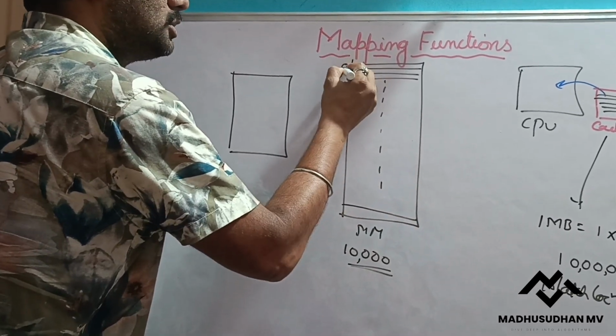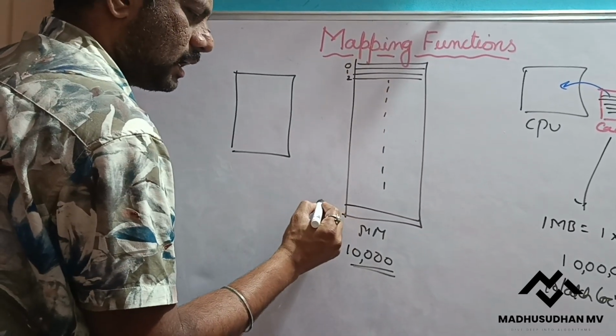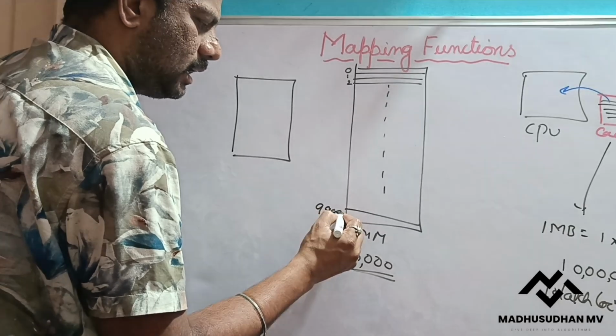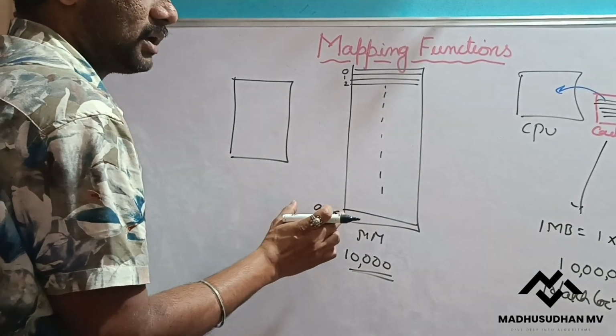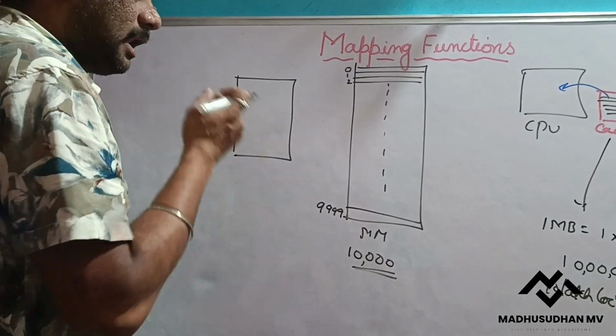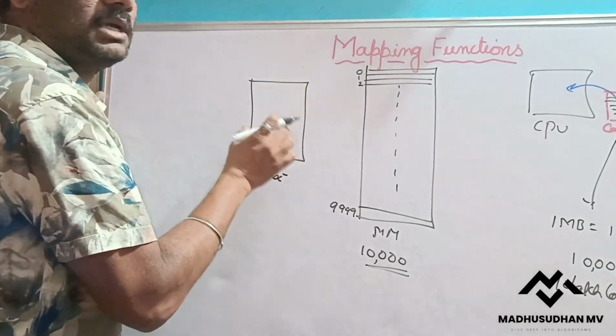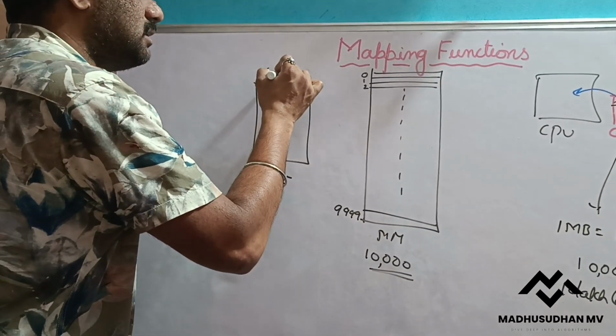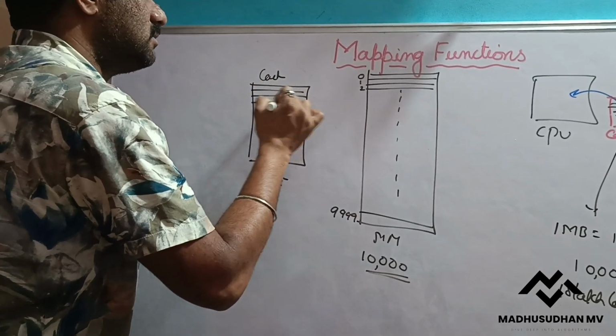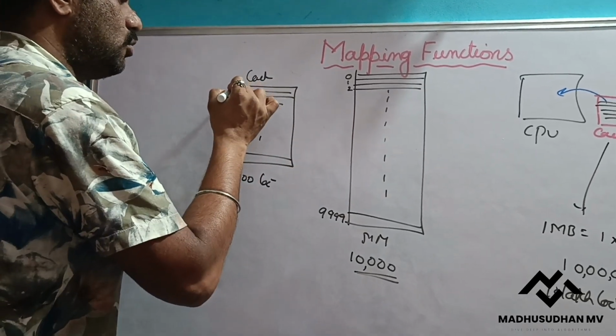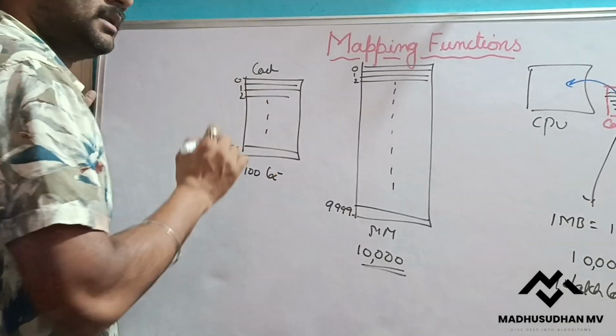Now let us say I have 100 locations in my cache memory, that's it, simple: 0, 1, 2, up to the last, 99.